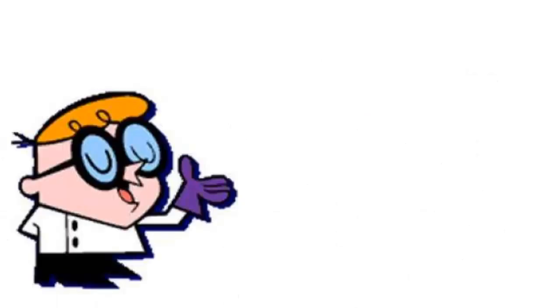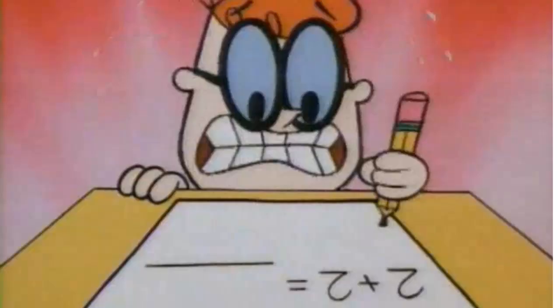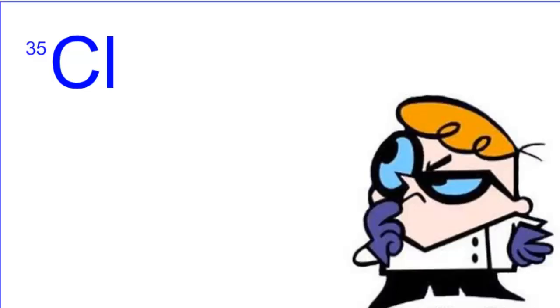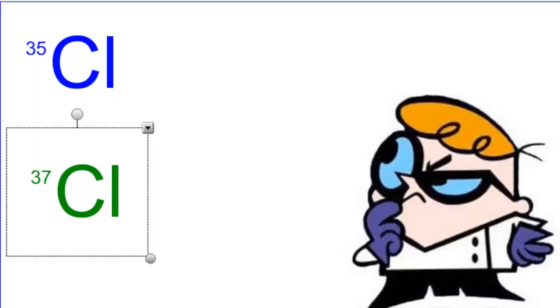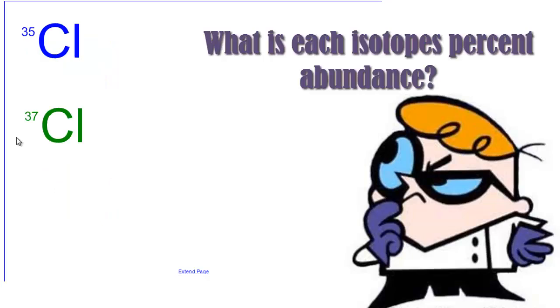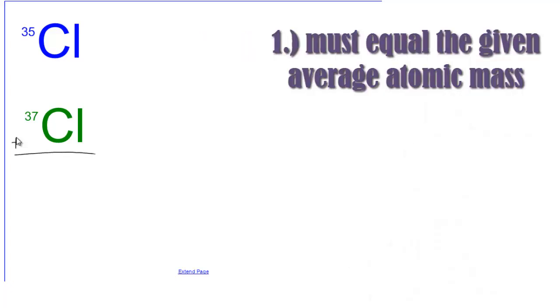We can also find an element's percent abundance using some algebra. Chlorine has 2 known isotopes, chlorine-35 and chlorine-37. If we want to find each isotope's percent abundance, we could do so by keeping in mind some things. First, that when added together, their parts have to equal the mass on the periodic table, or 35.453 grams per mole.